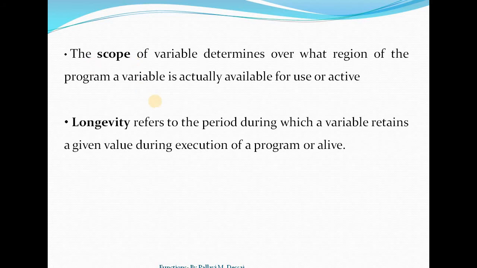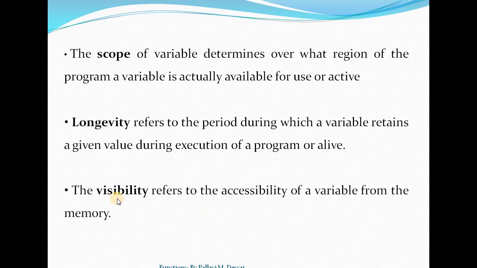Longevity refers to the period during which a variable retains a given value during execution of a program or is alive. That is, for how much time we can use a particular variable or it contains a particular value is known as the longevity. And last is the visibility. The visibility refers to the accessibility of a variable from the memory.